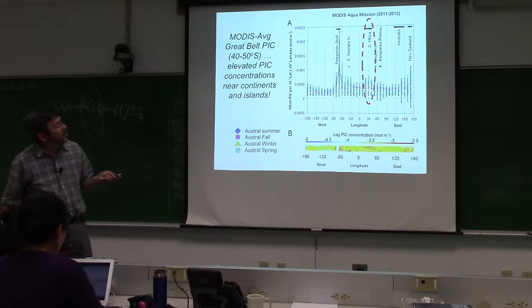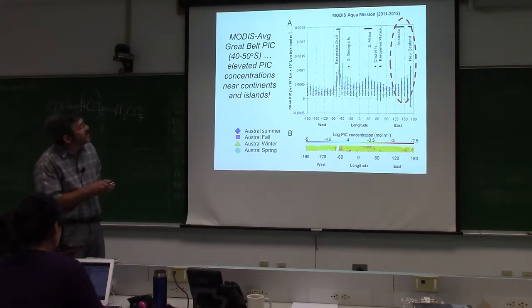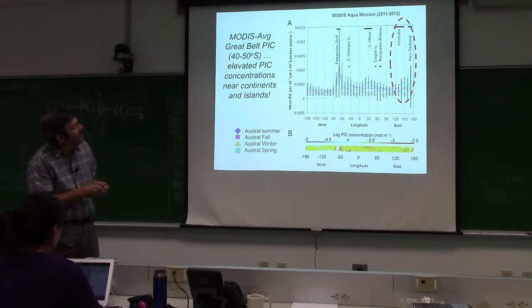Here is, this could be South African, or related. Here's South Africa. We also see a bump up around the Crozet and Kerguelen Plateau. And off of New Zealand, we see the numbers go up. So each of these are a different season. And the lows, the austral winter, are these yellow points, and the austral summer are these blue points.